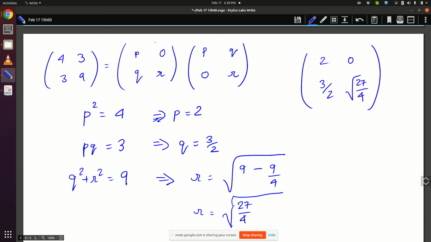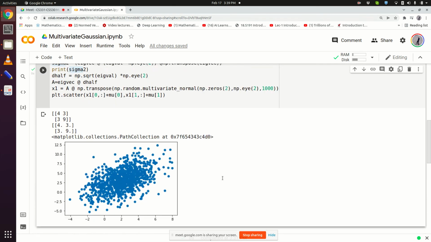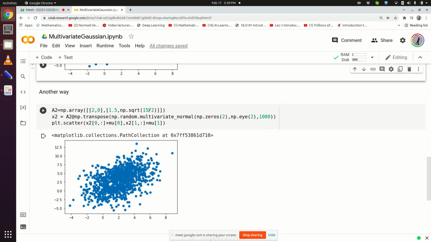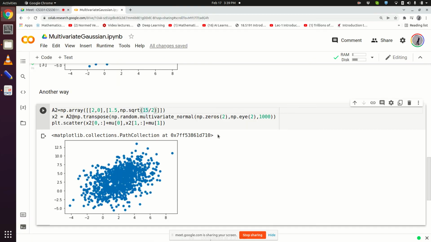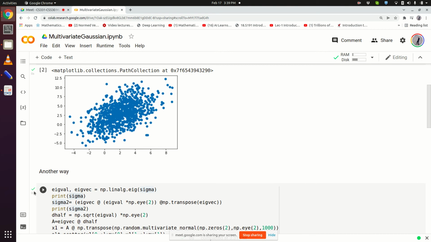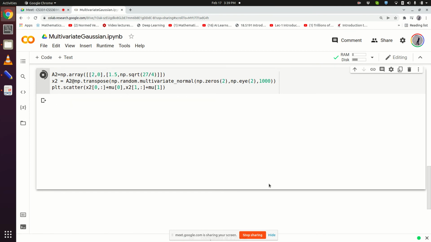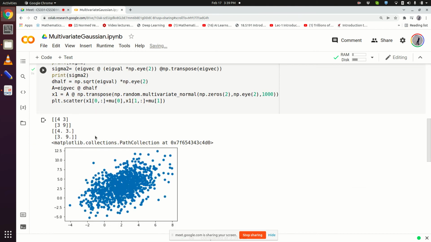If I have done the calculations correctly, let me put this as 27 over 4. So is it the same?